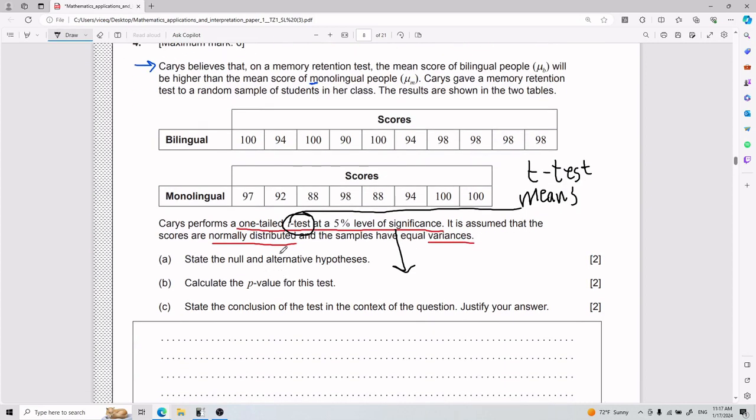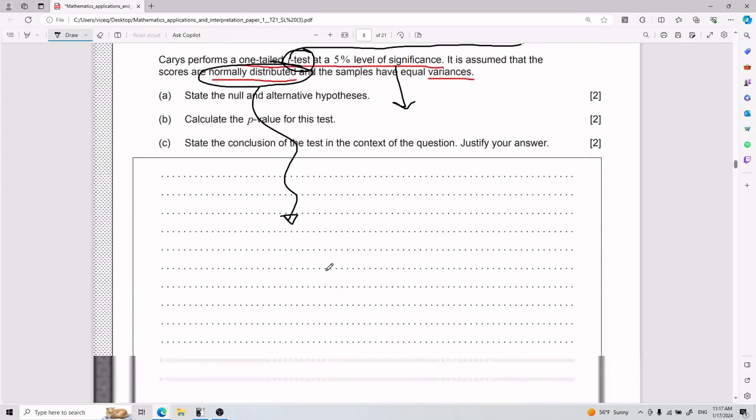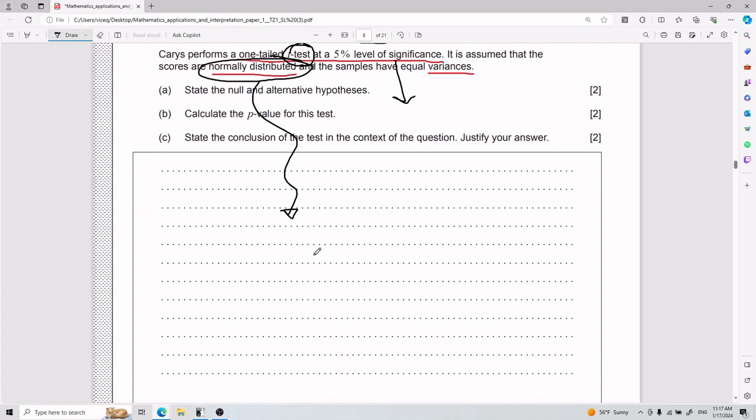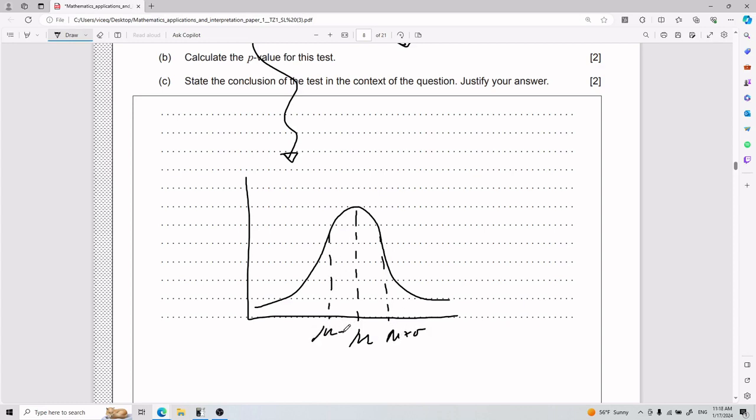So, it is assumed that the scores are normally distributed. When you have data in statistics, it can have a lot of different distributions. That distribution is a little bit of how your data is spread out, how it looks, stuff like that. When it's normally distributed, we have our classic bell curve, where you have your mean in the middle and you have standard deviations one over, standard deviations one back, and a bunch of stuff.